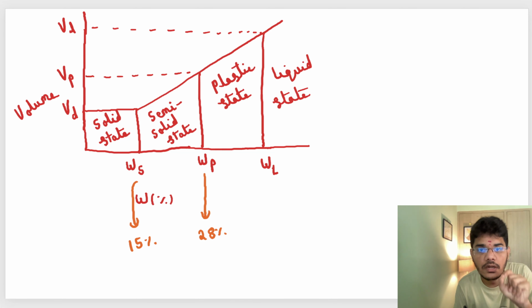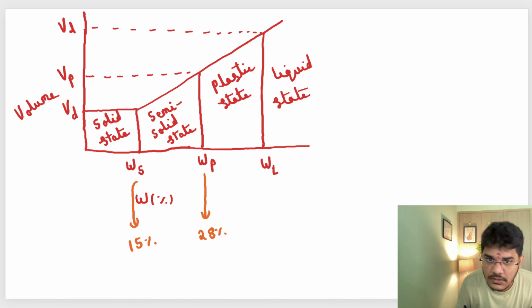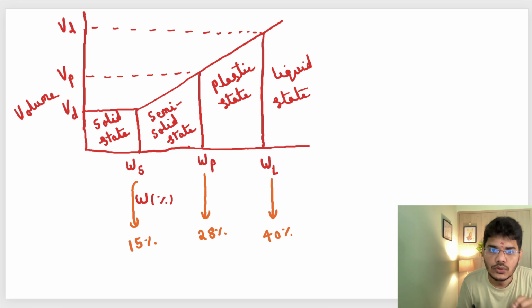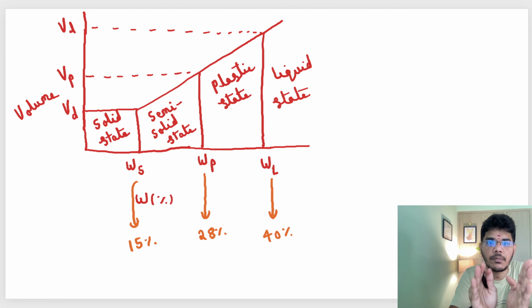And if the water content is more than 40%, then the soil will behave like a fluid. That means the boundary moisture content he has given is 40%. So now we have identified the liquid limit and the plastic limit, and we can find IP. This is the numerator part.